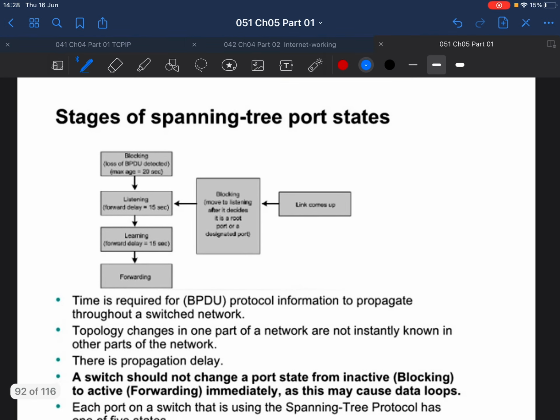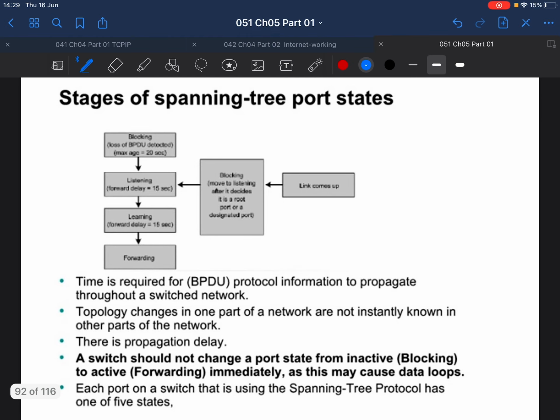Stages in spanning tree port states. So here: blocking, listening, learning, forwarding. This is required for BPDU protocol information to propagate throughout a switch network. Topology changes in one part of a network are not instantly known in other parts of the network.